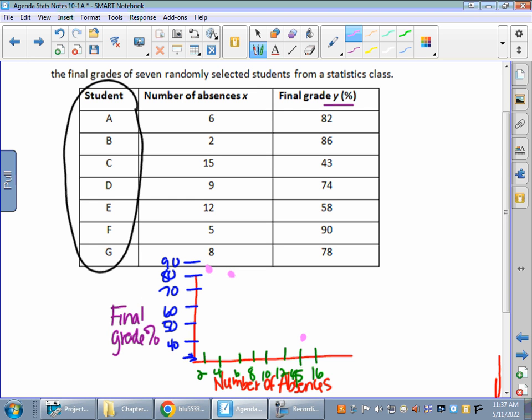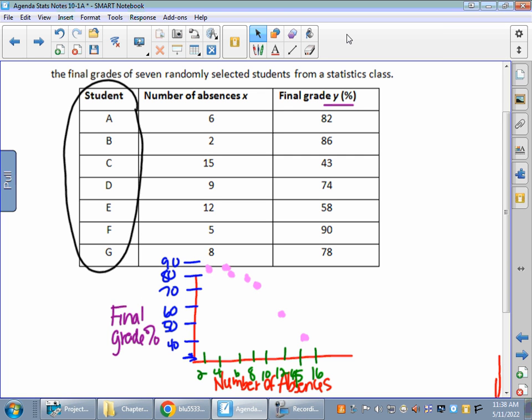Wow. 9 and 74. Sorry for me taking so long. 12 and 58. 5 and 90. 8 and 78. My board's a little off, but we can get the idea.